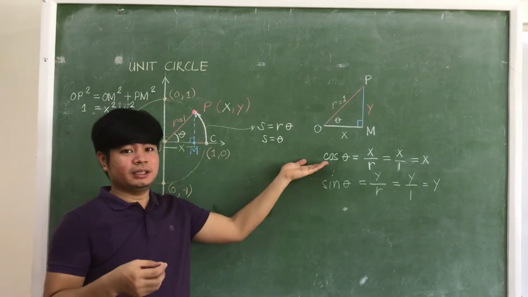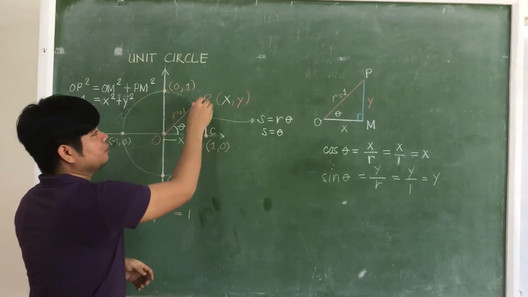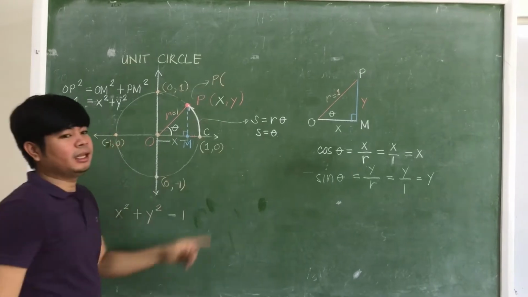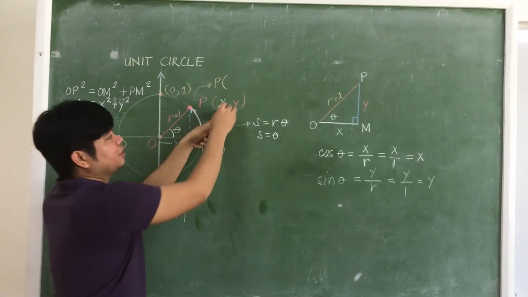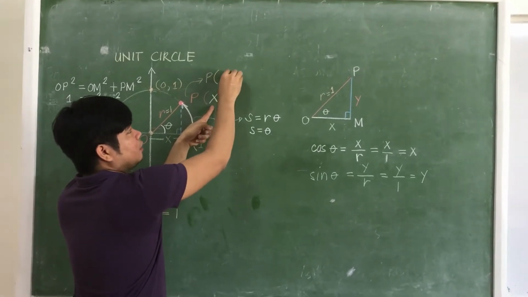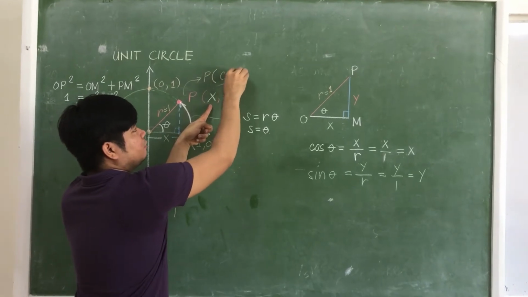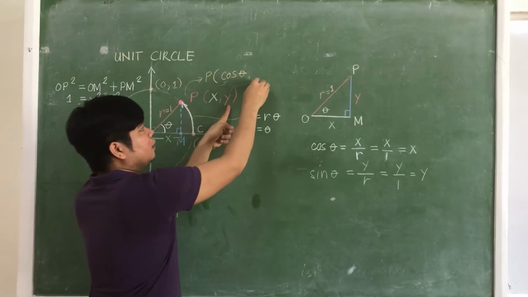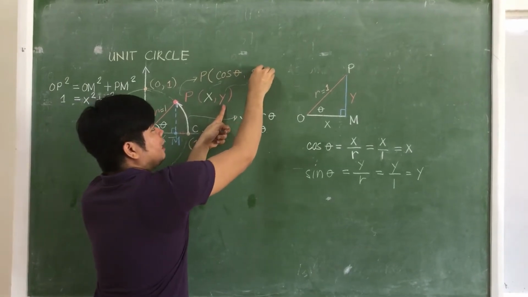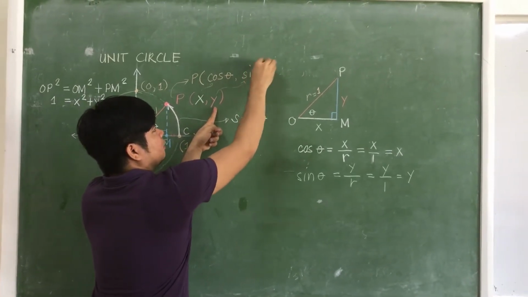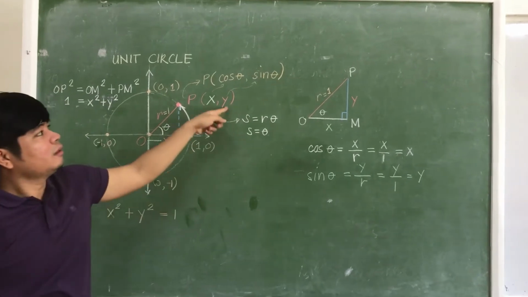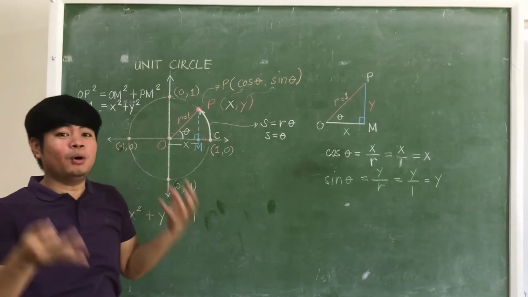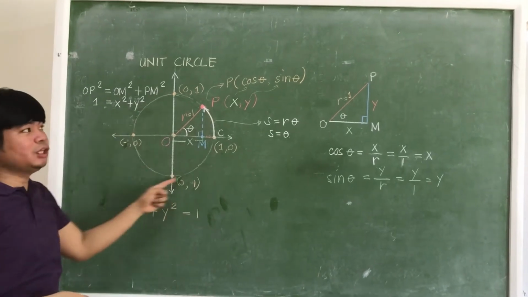Point P, we can now change x into cosine of theta, and this y here will become sine of theta. This will represent the coordinates of any point found on the unit circle.